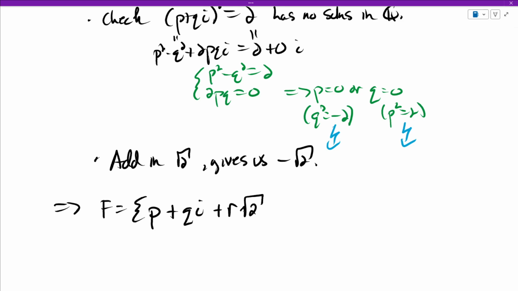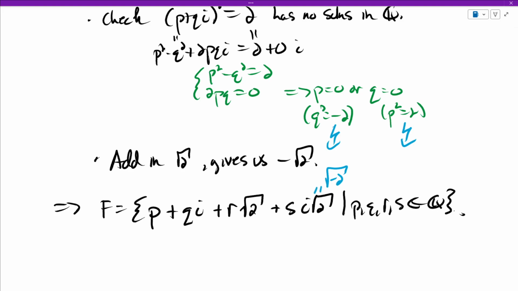But we also have an i and a root 2, so we have to throw in i times root 2, which, if you want to think about that as a single quantity, is like root negative 2. So you have to throw in 3 things, not just the 2, not just i and root 2. You have to throw in 3 numbers, not just the 2.